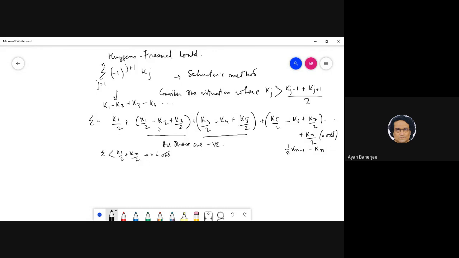That is fine, right? Because all these are negative. If I take them to the left hand side, sigma plus those is k1 by 2 plus kn by 2, so sigma has to be less than that. And in the other case, if it's even, then sigma is less than k1 by 2 plus kn minus 1 by 2 minus kn.